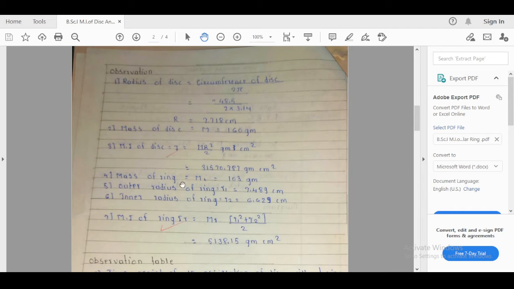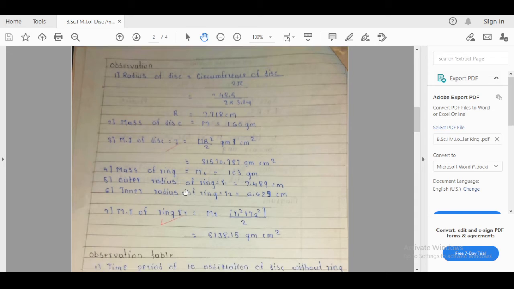Now the mass of the ring, because we are determining the moment of inertia of the disk using an auxiliary annular ring, and therefore we have to measure its mass, that is m_R equals 103 gram. The difference between disk and ring is that the ring is hollow, whereas the disk is rigid, and therefore we have to measure its inner and outer diameters, ultimately both radii, in order to calculate the moment of inertia of the auxiliary annular ring theoretically.